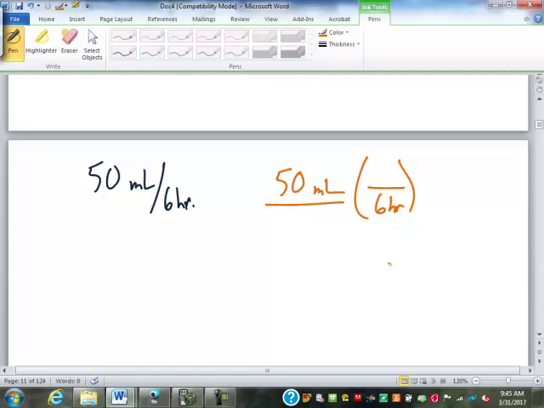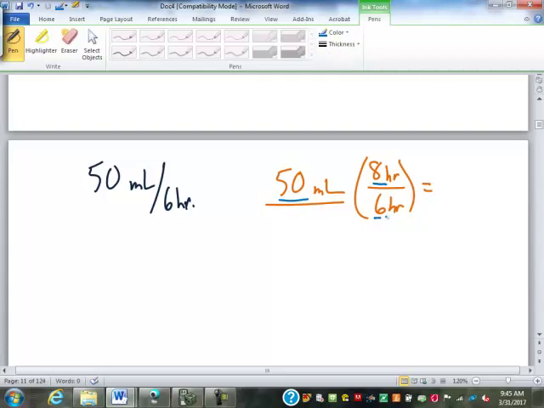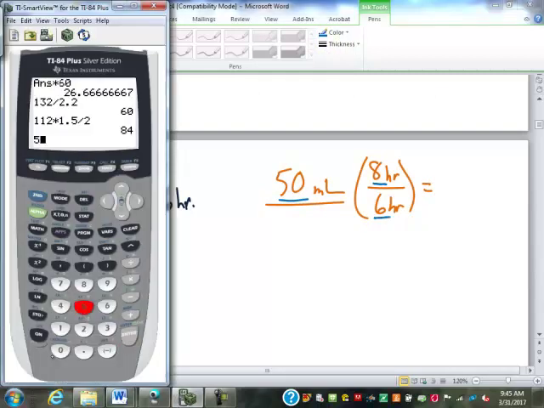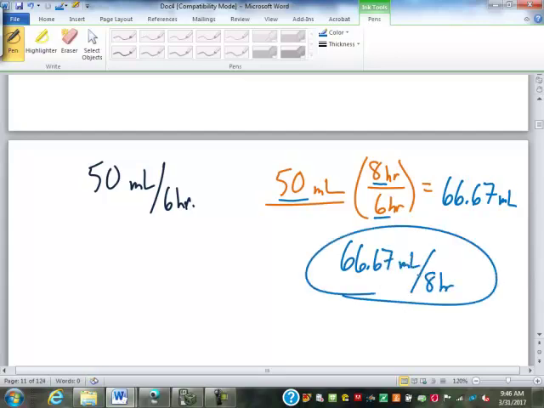And we're going to change it to the amount for 8 hours. So we're simply going to do 50 times 8 divided by 6. So 66.67 milliliters every 8 hours is what the doctor's dosage is equivalent to an 8-hour dose.